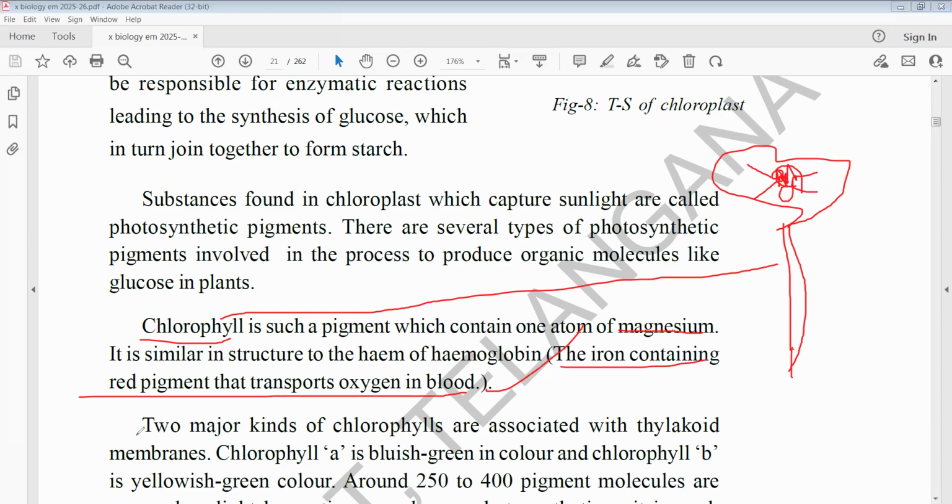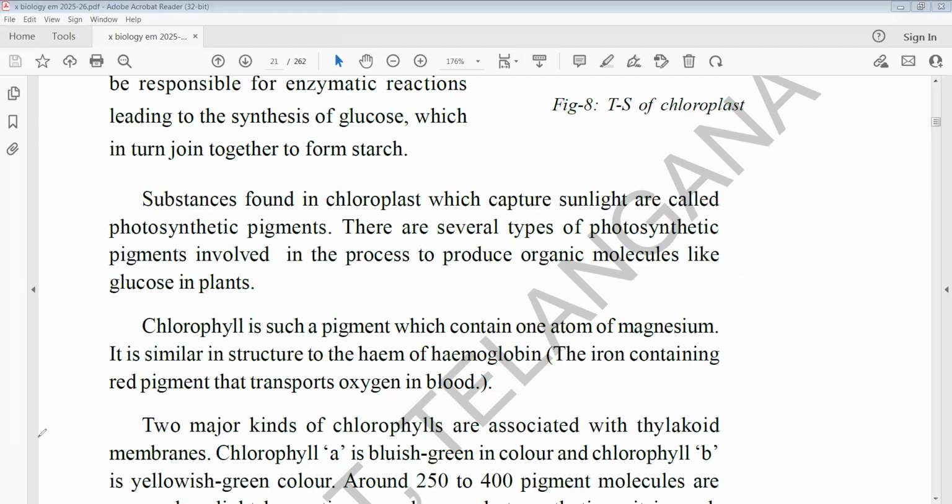Two major kinds of chlorophyll are associated with the thylakoid membranes. It is important, I already said.